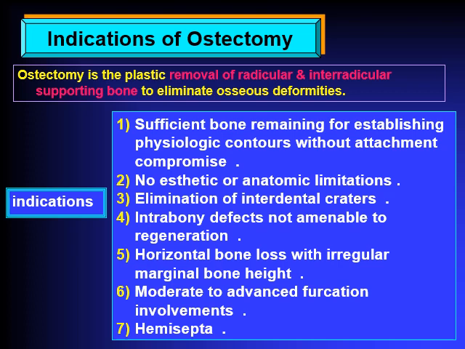Number four, intrabony defects not amenable to regeneration. Number five, horizontal bone loss with irregular marginal bone height. Number six, moderate to advanced furcation involvement. And number seven, hemiseptal defect, which is a one-wall defect.